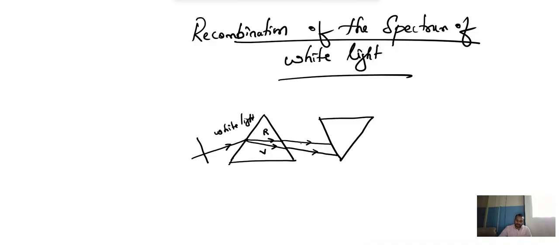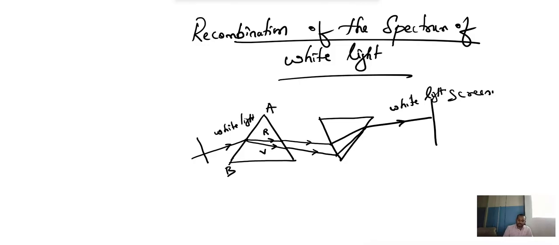Again it hits this surface and refracts. Once it refracts, they both come and meet at the same point and come out on the screen. Initially it went as white light, and when they come back, this also will be white light.